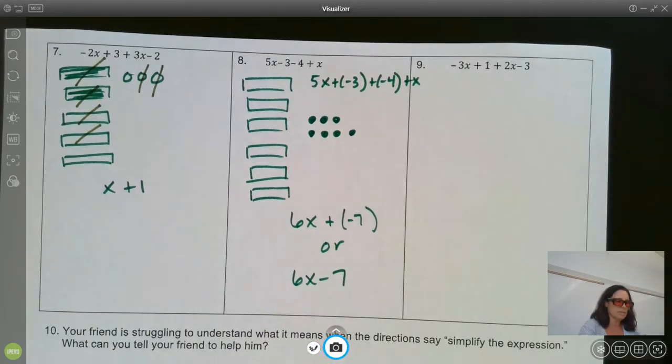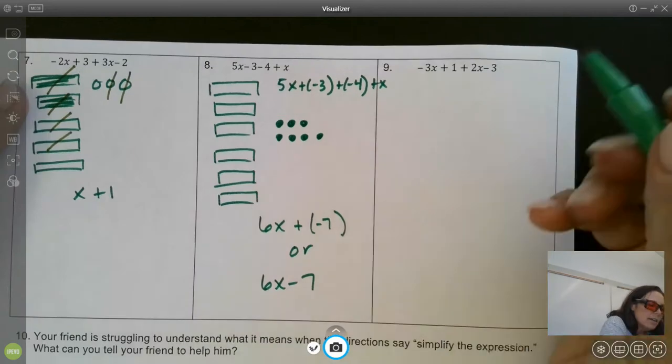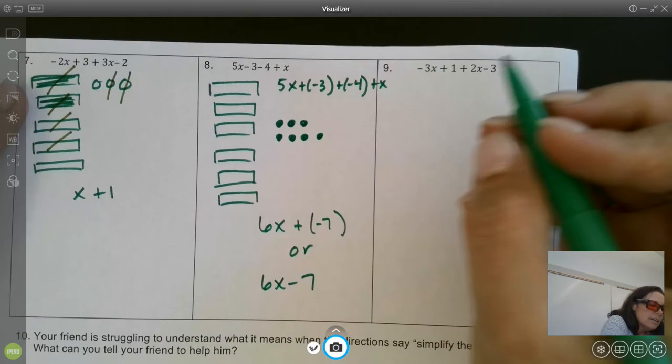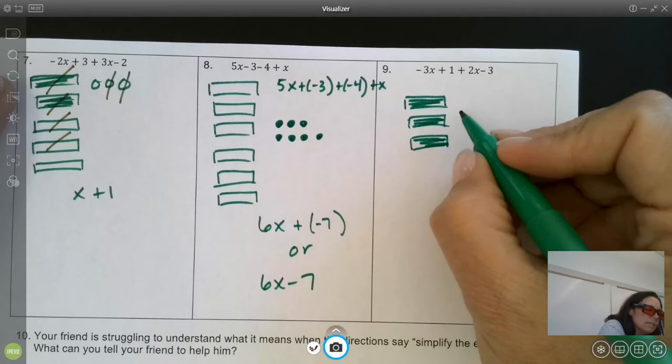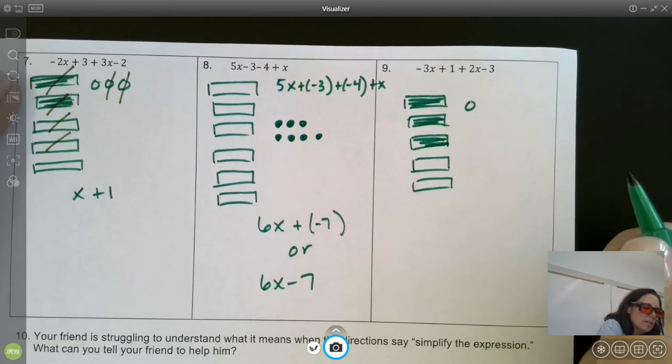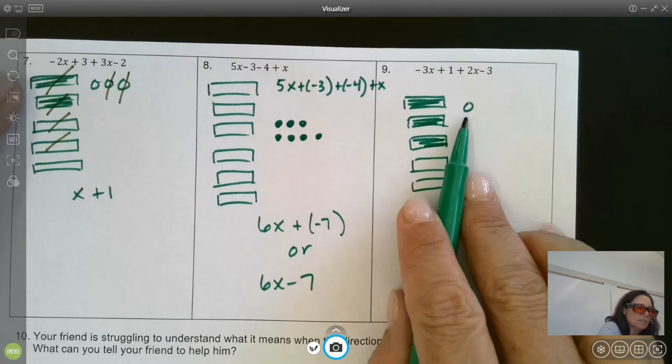All right, let's look at this guy. 3 negative x tiles. 1 positive unit tile. 2 positive x tiles. And I'm taking away 3 positives. I only have 1. I'm going to add in 2 zero pairs.